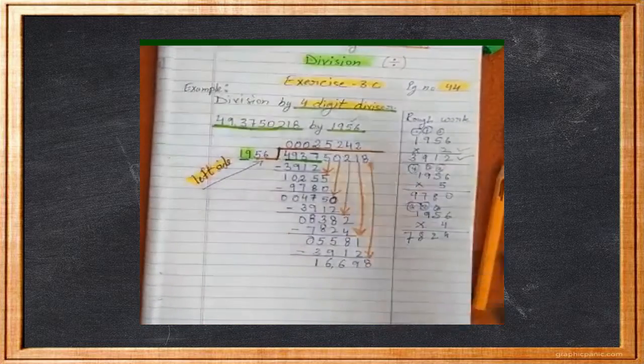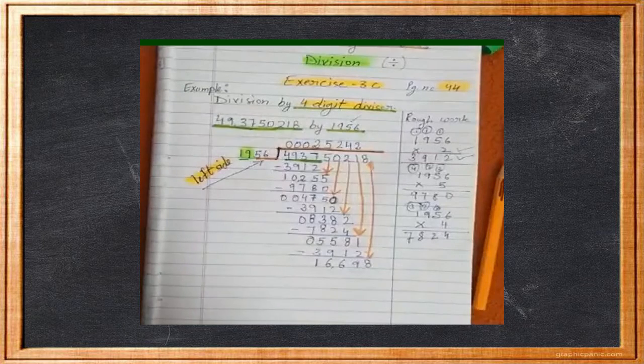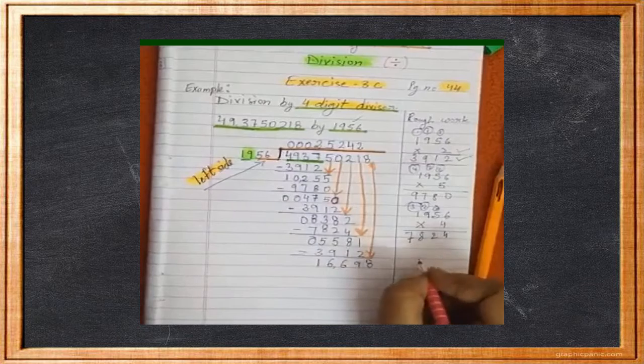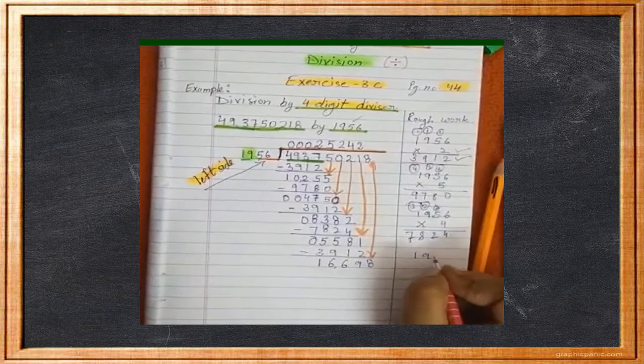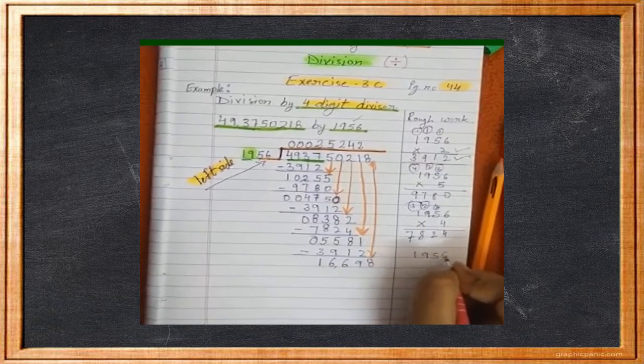So go one step back. Yani 19 eights are what? 152. But here you have to multiply 8 by 1956.